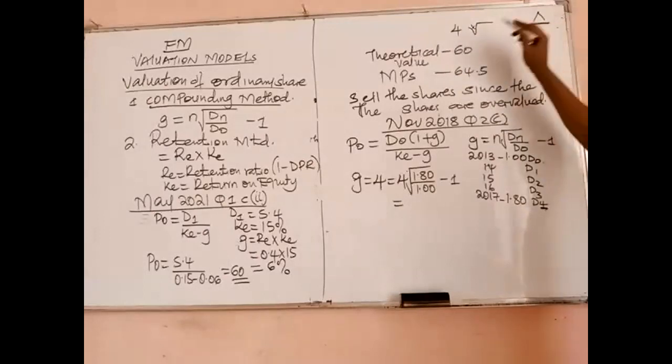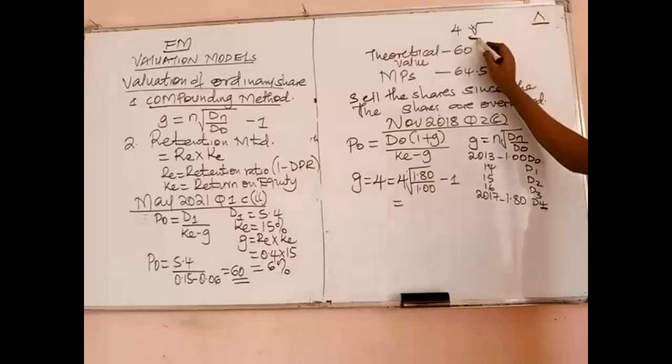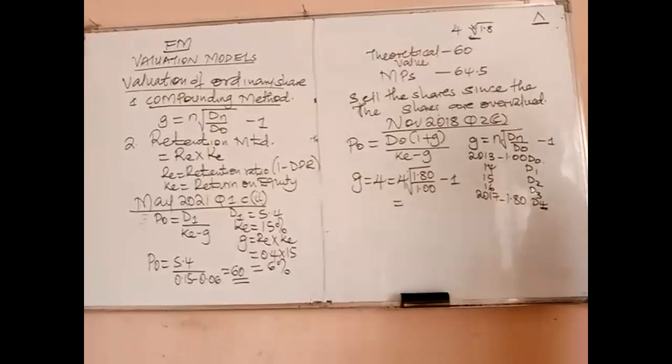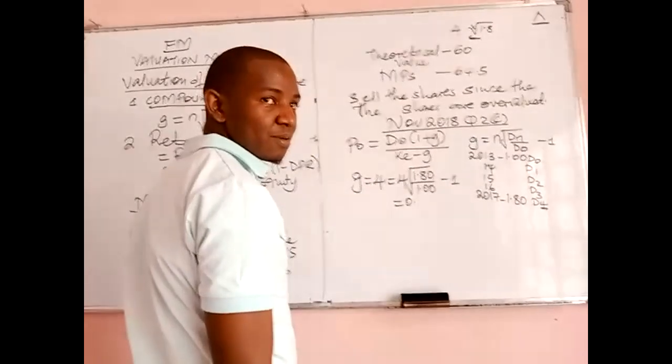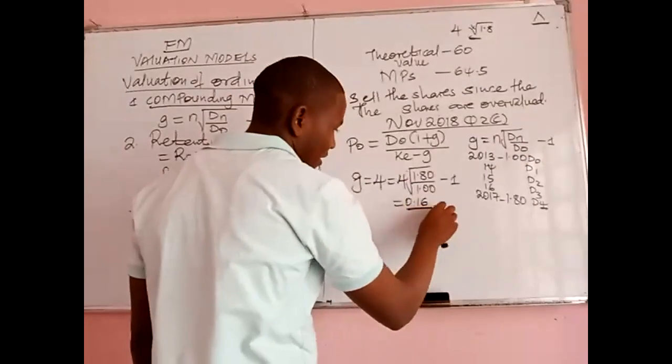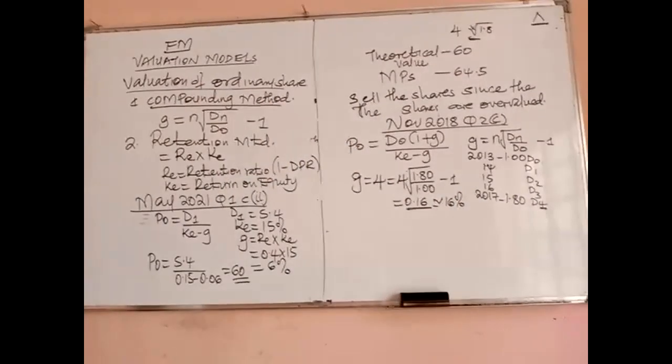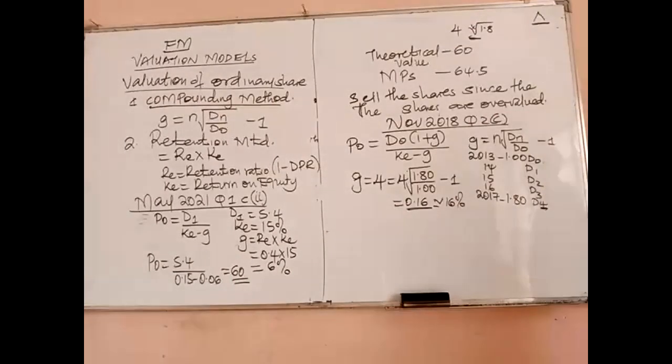Then it should bring something like this. I have put 1.8 equals 1 minus 1. Then the fourth root. Okay, so now we can get the value.